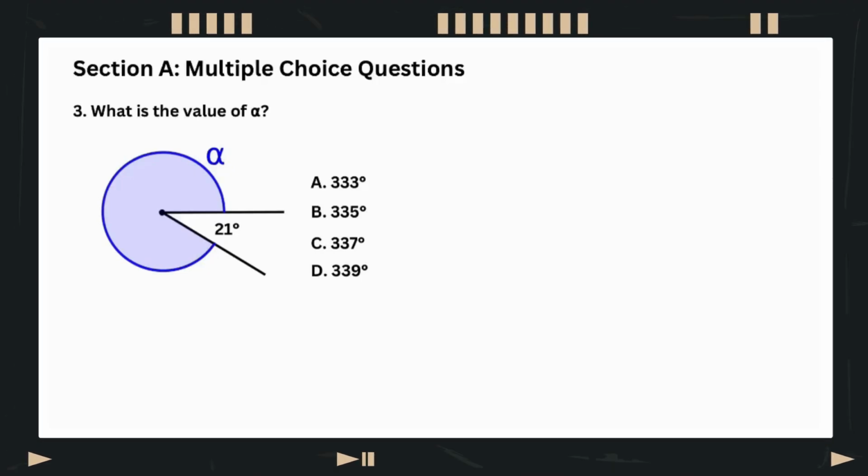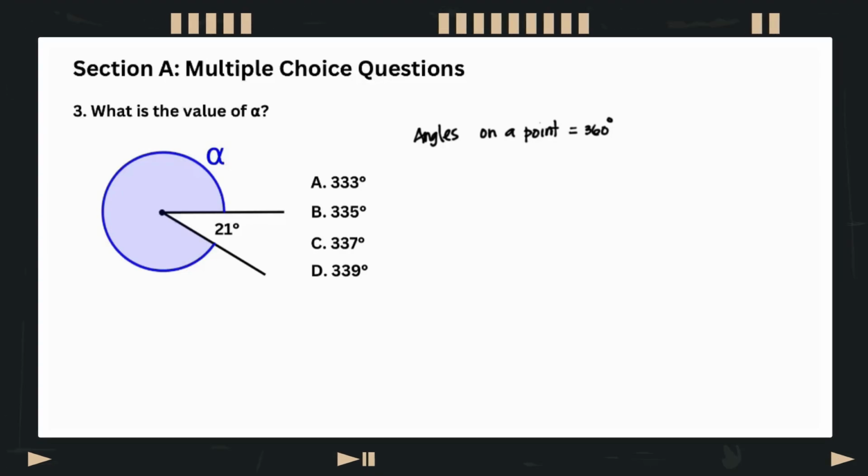For number 3, what is the value of alpha? Now, we apply our knowledge of angles on a point here. The sum of the angles on a point is equal to 360 degrees. Hence, to find alpha, we just need to subtract.